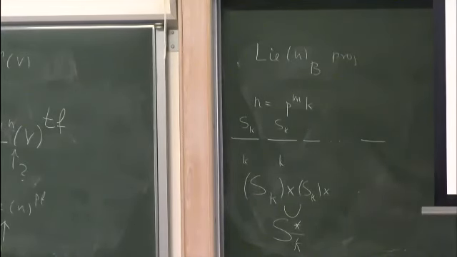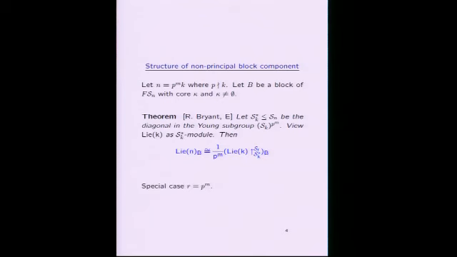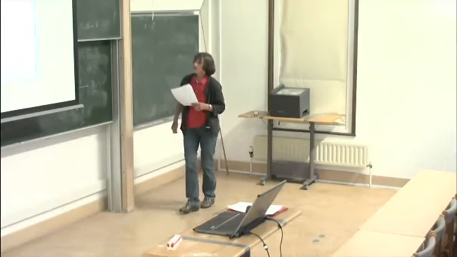And I was going to say a little bit about the case when n is just p to the m, because then it's actually an easy argument again, which I'd like to give. Sorry, there's a typo on the slides. It should be n equals p to the m. So what does it say in this case?